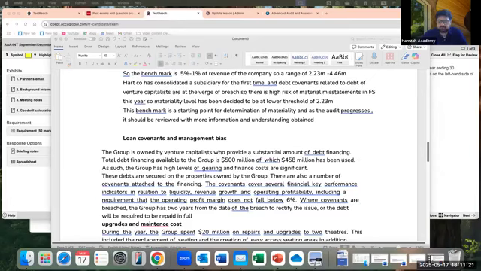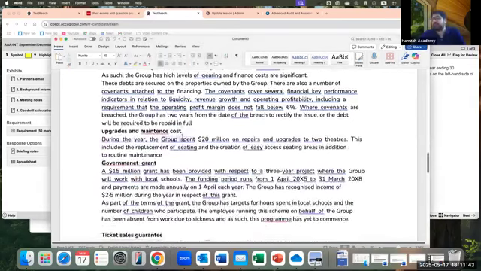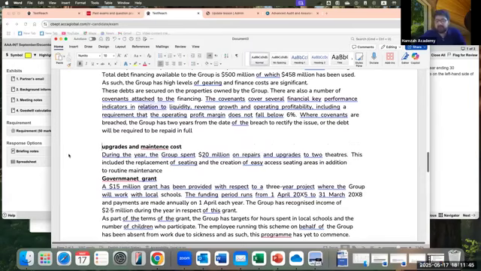Now, students, the loan covenant environment I will discuss in a few minutes. First come to this: upgrading and maintenance cost, 20 million.